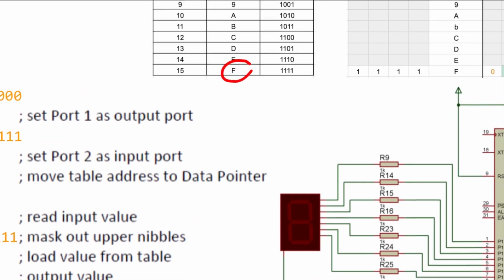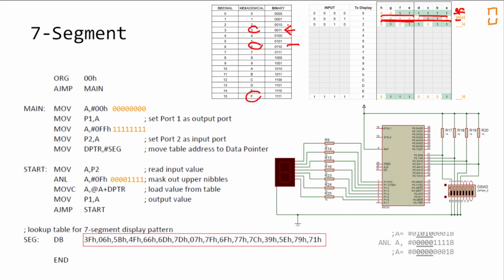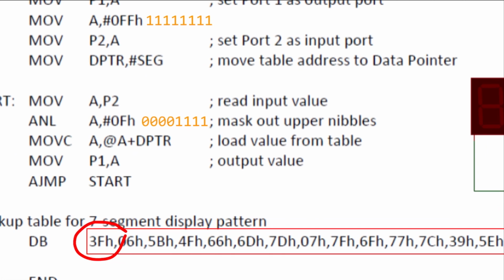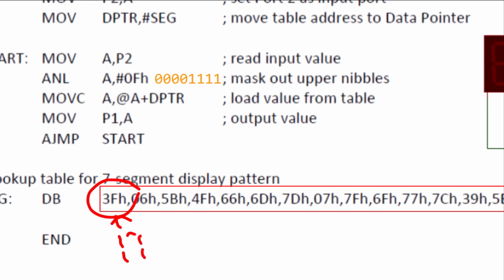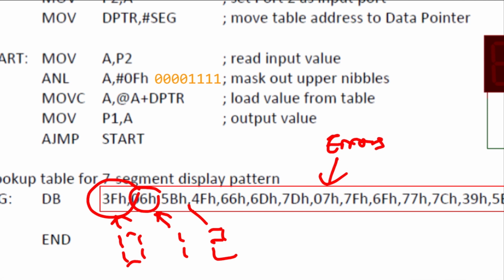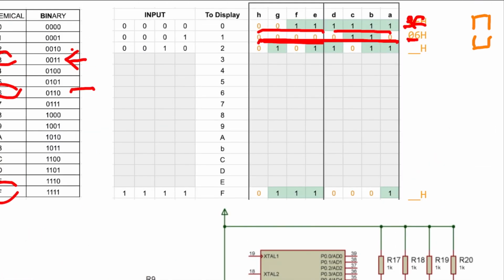So if you look over here, this is actually the configuration for the 7-segment display for 0, and this 06H is actually the configuration for 1, and this will be 2, and so on. But this thing here actually has some errors, so you will need to check them one by one. So some of the configurations are wrong here, so you need to check them by yourself and see which ones are wrong.